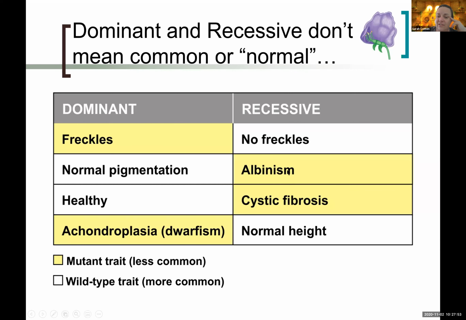And so albinism is a fairly rare condition. It also happens to be recessive, right? So most of us have, quote, normal pigmentation, meaning we produce pigment. Now, what color those pigments are varies tremendously, right? But it's the difference between making pigment at all and not making pigment. Okay, so albinism is the recessive condition.